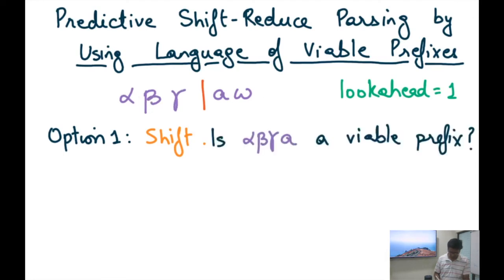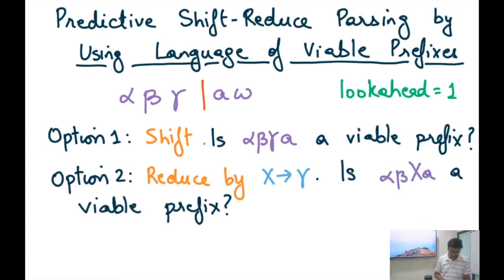I get alpha, beta, gamma, A on my stack. And now I can ask this machine, does alpha, beta, gamma, A belong to the language of viable prefixes or not? If the answer is no, then we can rule this out. And if the answer is yes, then this is a possibility. We have to keep this possibility.